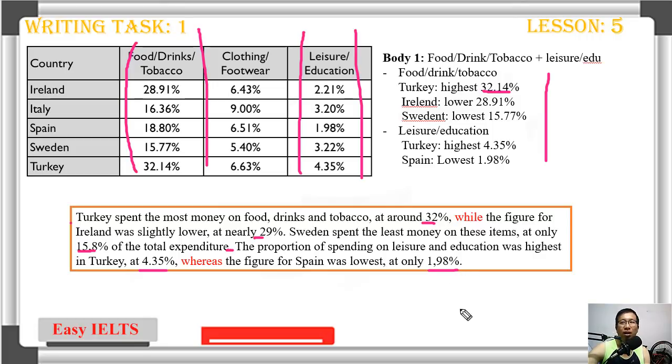So this is our body 1. I think I'm going to make another video to talk in more detail about how to lay out and how to write your Task 1 essay. After I finish the maps and the graphs, I'm going to do it.